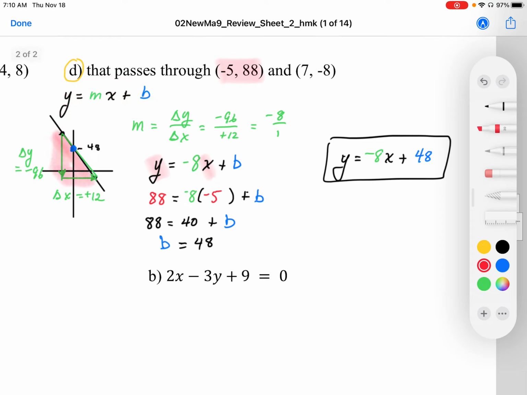I need to calculate my slope, which I've done here. Once I've done that, I plug in the values of x and y to solve for b, and that gives me my final solution of both the slope negative 8 and the y-intercept 48, and I can put it into my linear equation form of y equals mx plus b.